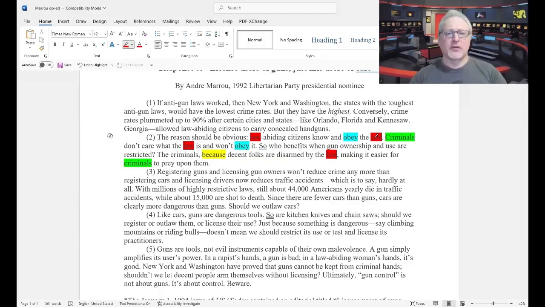I hope that makes sense. The first paragraph is about which states have tough anti-gun laws and which don't, and also which states have more crime and which don't. The second paragraph is about so-called law-abiding citizens versus criminals. They don't seem to be talking about the same thing, so I think we're probably dealing with two separate subordinate arguments here. Does that make sense?